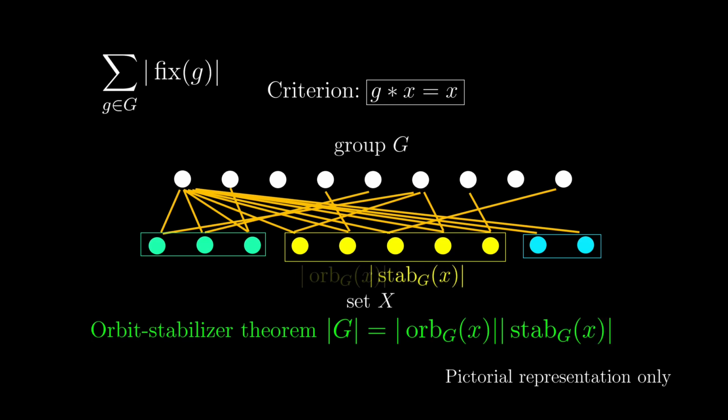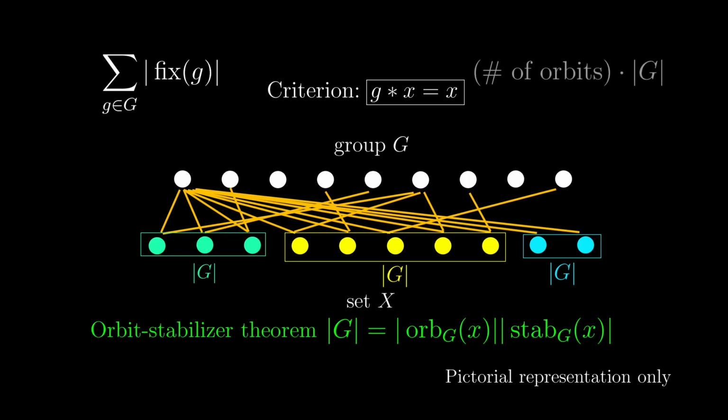Since the number of elements in the orbit is precisely the size of the orbit, we multiply by the size of the orbit to get the subtotal. This is precisely the size of the group G by the orbit stabilizer theorem. Using exactly the same argument, every orbit will contribute the size of G as the subtotal.